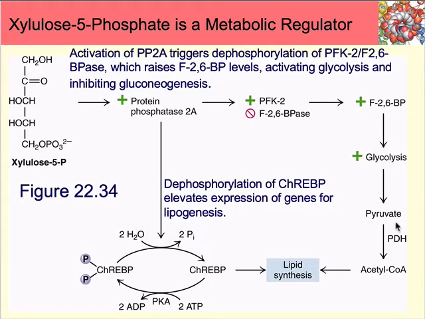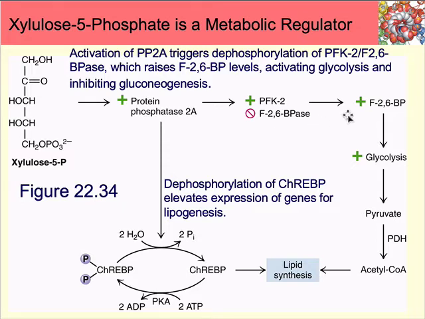And that's shown here. Ribulose 5-phosphate stimulates the protein phosphatase 2A. And if we look down here, you'll see that the ChREBP is phosphorylated normally, but can be dephosphorylated by the protein phosphatase 2A. And then, of course, it can be rephosphorylated by protein kinase A, as shown here. Stimulation of the protein phosphatase 2A also stimulates the phosphofructokinase 2 activity of the bifunctional enzyme and inhibits its fructose 2,6-bisphosphatase activity.